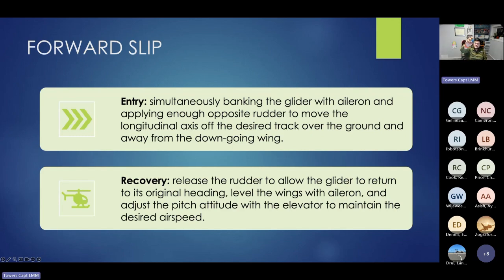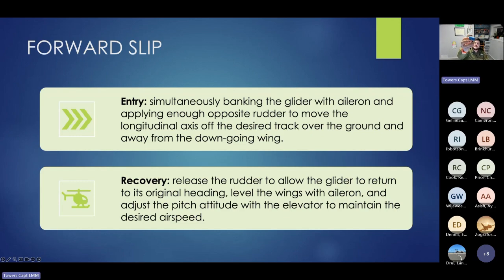So the entry to this is you're going to simultaneously bank the aircraft with aileron and apply enough opposite rudder to move the longitudinal axis off the desired track over the ground and away from the downgoing wing. And this is extremely effective at losing altitude, because you're now basically just drifting through the air, presenting maximum drag and just sinking like a rock.